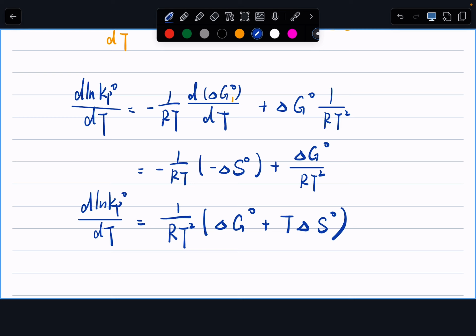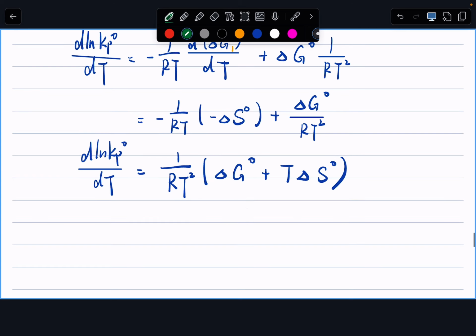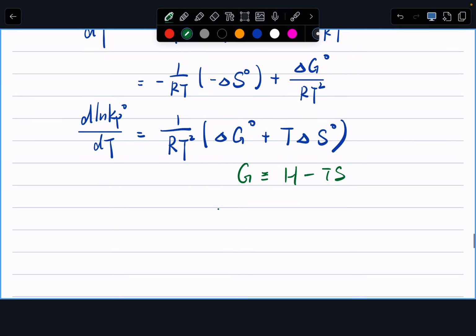And what is my delta G naught plus T delta S naught? That's my delta H. In general, Gibbs free energy is defined to be H minus TS, so delta G naught plus T delta S naught equals delta H naught.